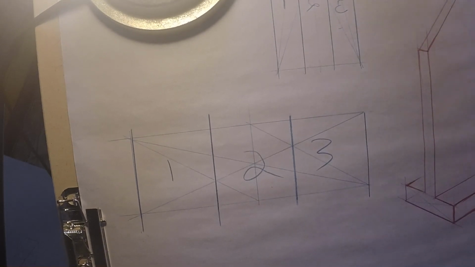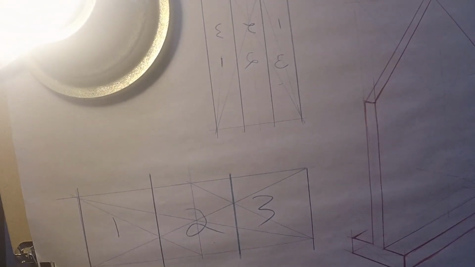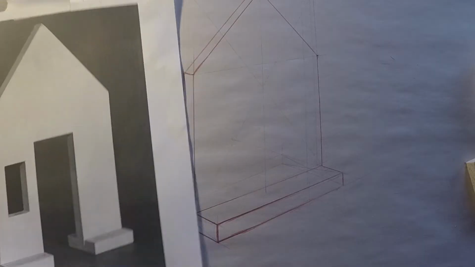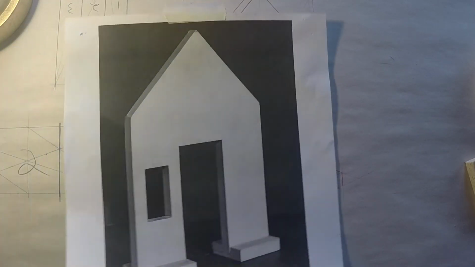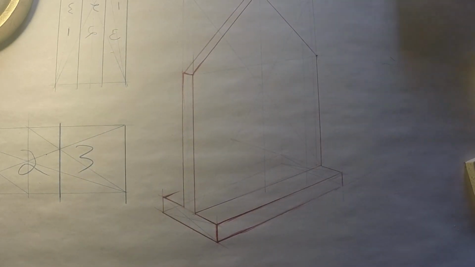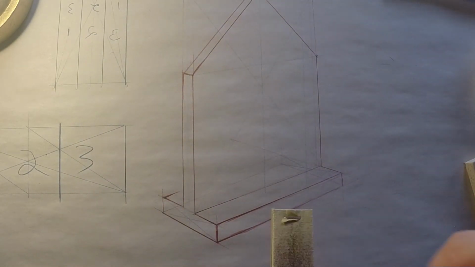As we saw in the dividing in half video, we want to divide this into 3 in order to find where that door goes. Sharpen up a bit.